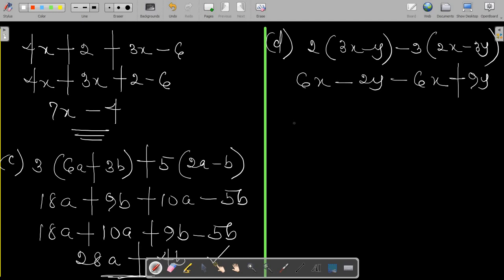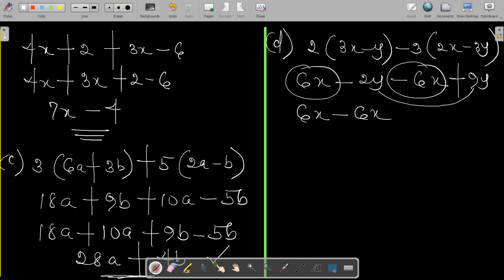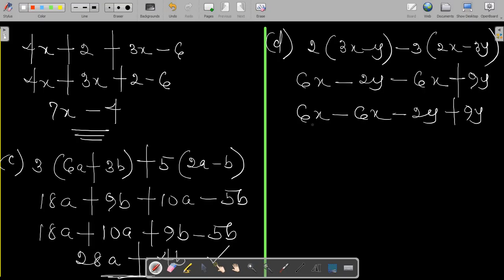So the next thing is to collect like terms. Here we have 6x minus another 6x. This one is a like term to this, while this one is also a like term to this 9y. So we have here minus 2y, then this is plus 9y. 6x minus 6x is definitely going to give us 0.